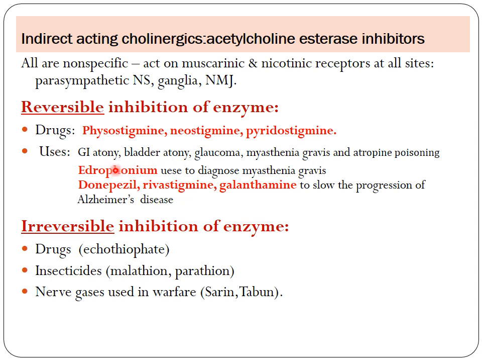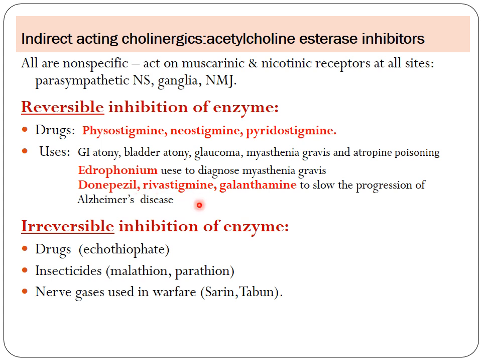Edrophonium is another indirect acting reversible inhibitor of choline esterase enzyme. It is mainly used to diagnose myasthenia gravis. Why? Because it has a very short duration of action.